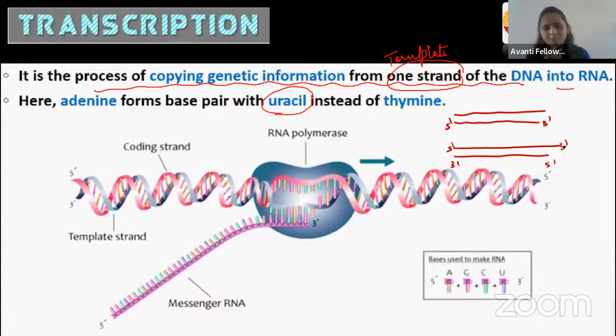Sometimes what will happen? Everyone makes a mistake, right? Our DNA polymerase, in a hurry, will also make some mistakes. Instead of the correct nucleotide, it will add some other nucleotide. But it will be corrected by the same enzyme only.